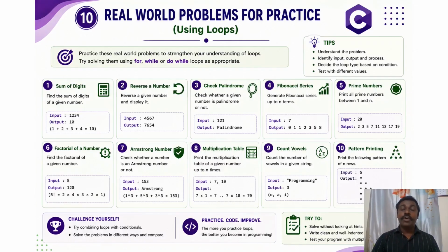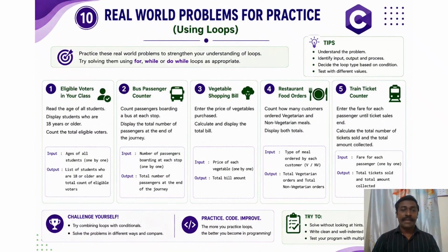You can find all the prime numbers between 1 and n, the factorial of a given number, check whether a number is an Armstrong number or not, print a multiplication table for any given number, count the vowels in a particular string, and print patterns, a star or diamond, whatever pattern you want to print. And we can also use this for real world things that are happening normally.